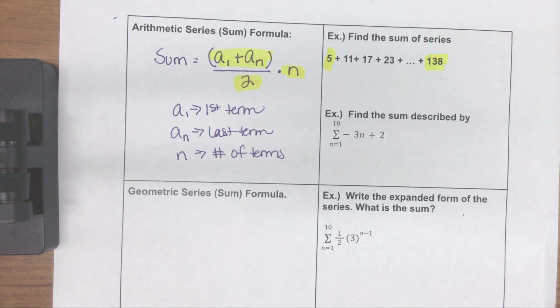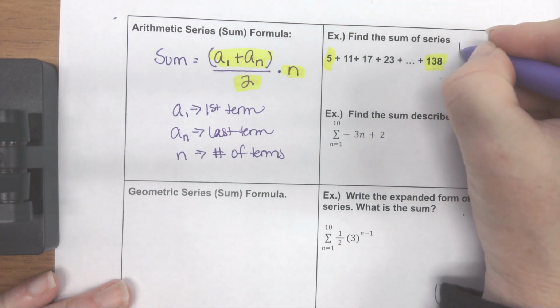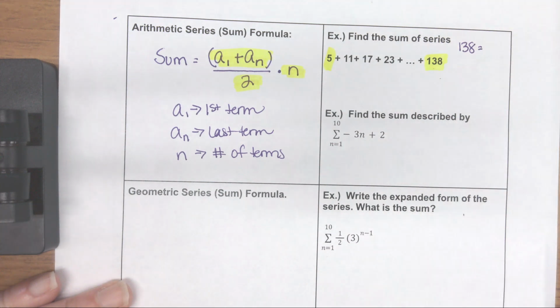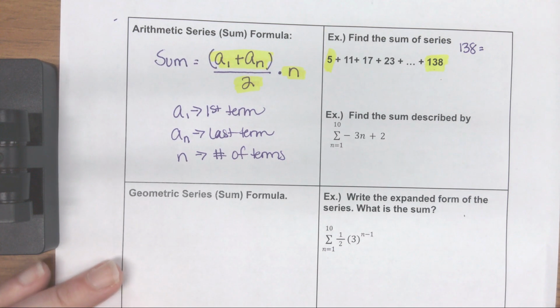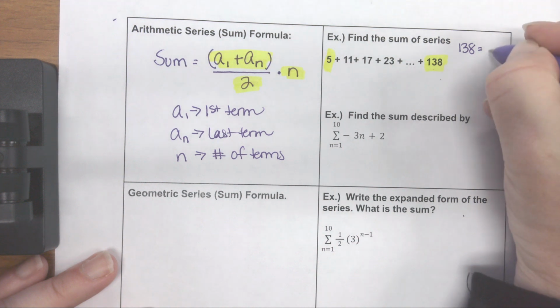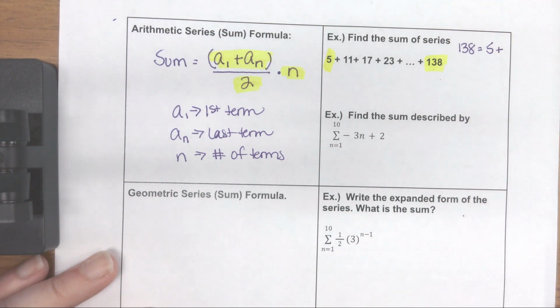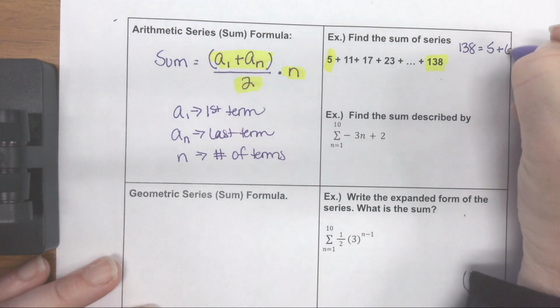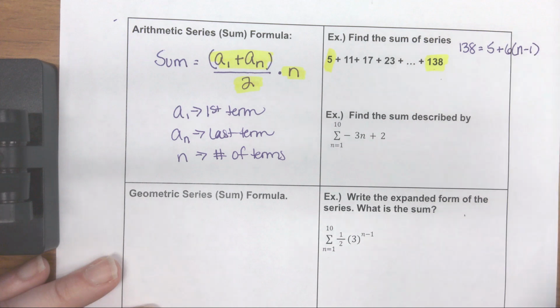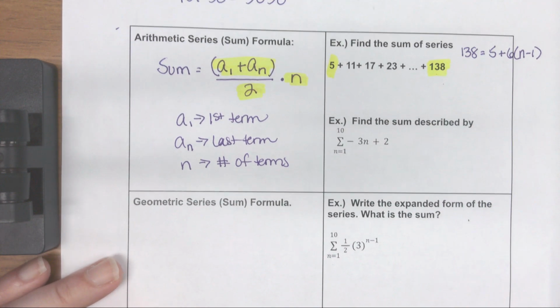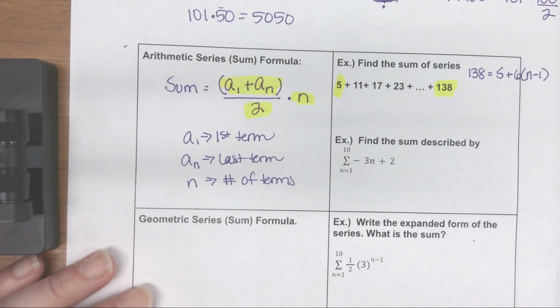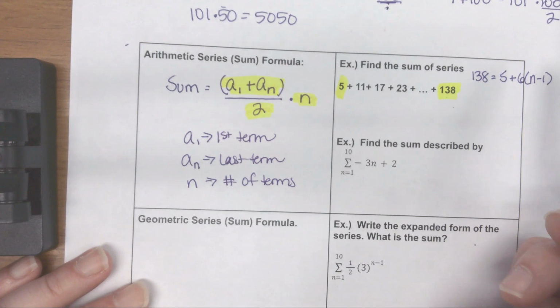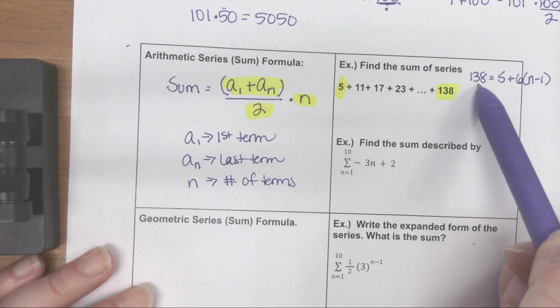So that's what we're going to do. We're trying to find how many terms there are right now. So I'm going to say 138 equals, and I'm going to set that equal to the explicit formula, which is a sub 1, which is 5, plus d, what's d? 6 times n minus 1. So to solve that, we've done this already earlier this year, like last week. Would you subtract 5 from both sides?